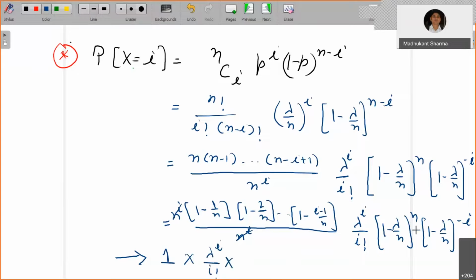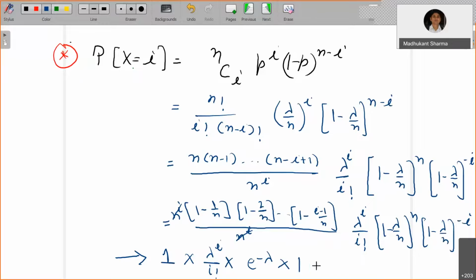Now the third term, 1 minus lambda by n to the power n. You have seen in calculus that it tends to e to the power minus lambda as n tends to infinity. And the last term, minus I is fixed. If I equals 0, there is nothing to do, because any number to the power 0 is 1. Lambda by n tends to 0 as n tends to infinity, so 1 to the power any integer power is going to be 1 only.